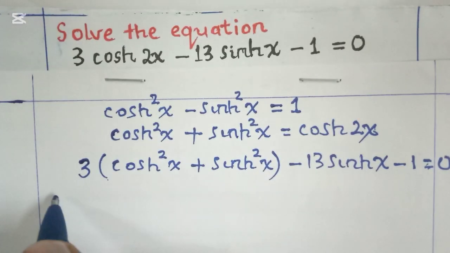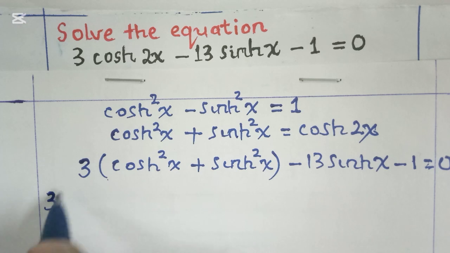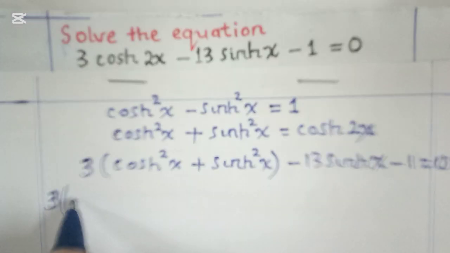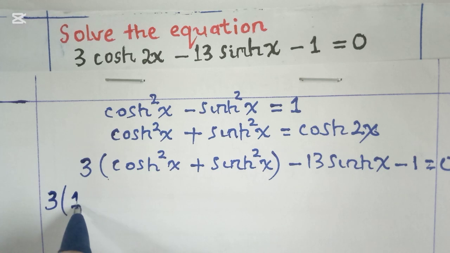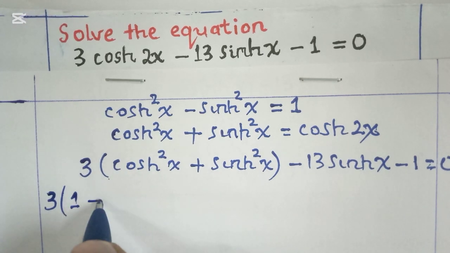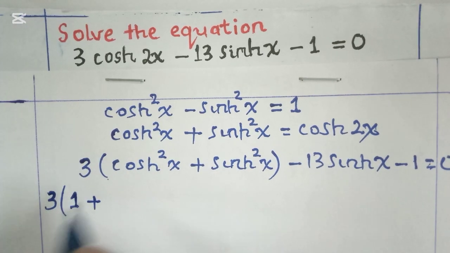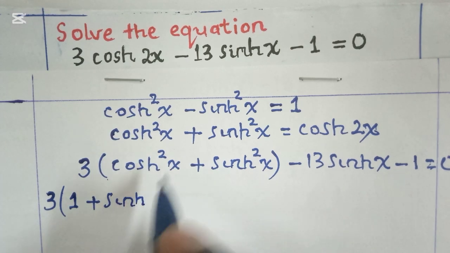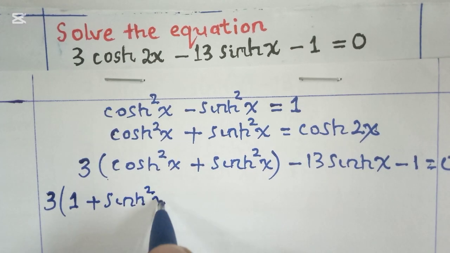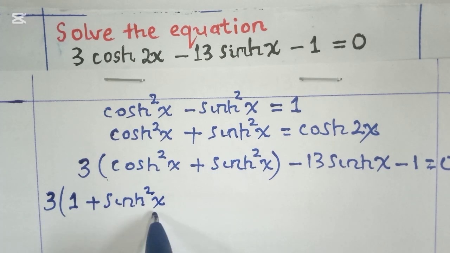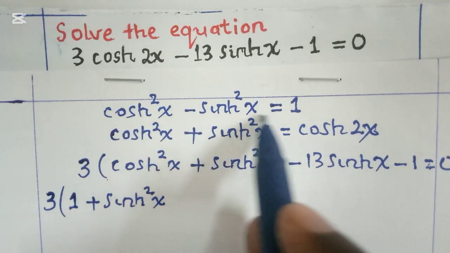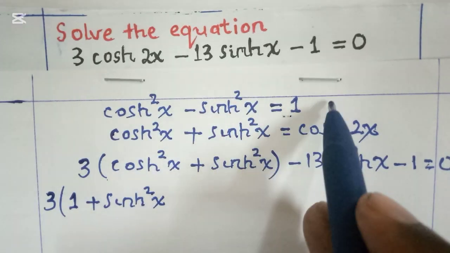So I will write like this, guys. 3 bracket, instead of writing this one, I write here 1 plus sinh squared x, according to this equation.